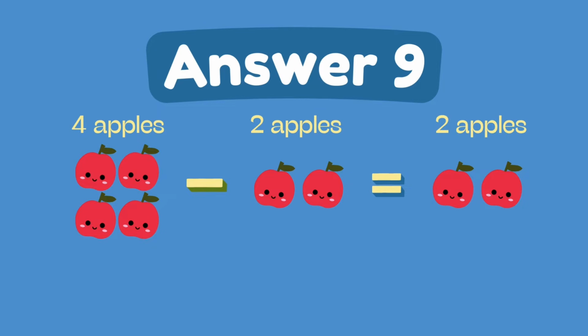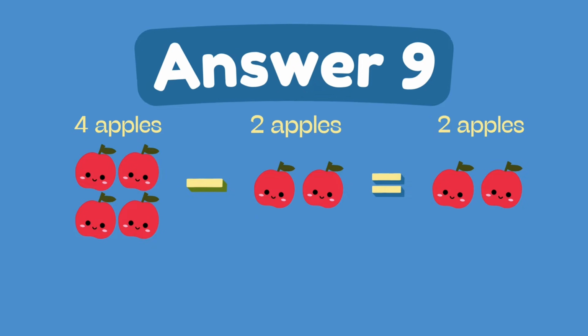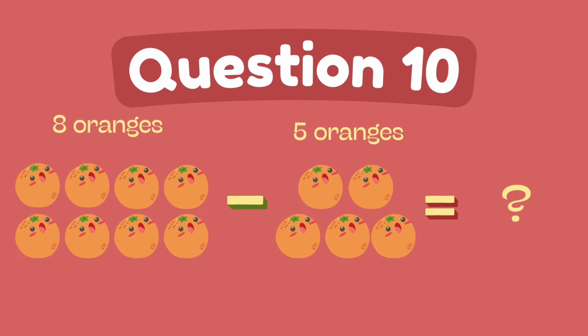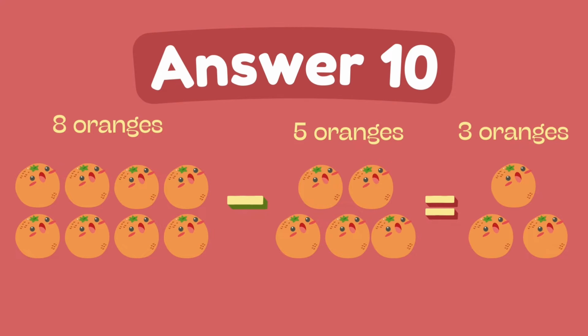The answer is 2. What is 8 minus 5? The answer is 3.